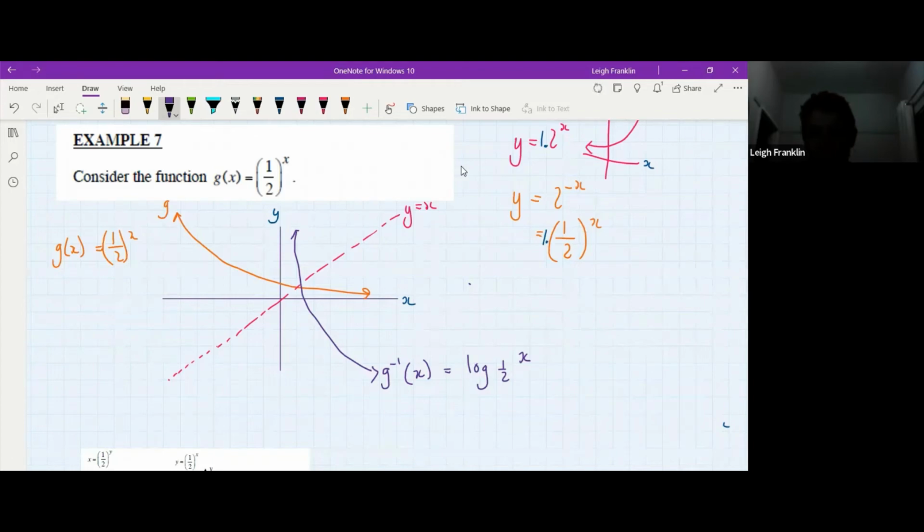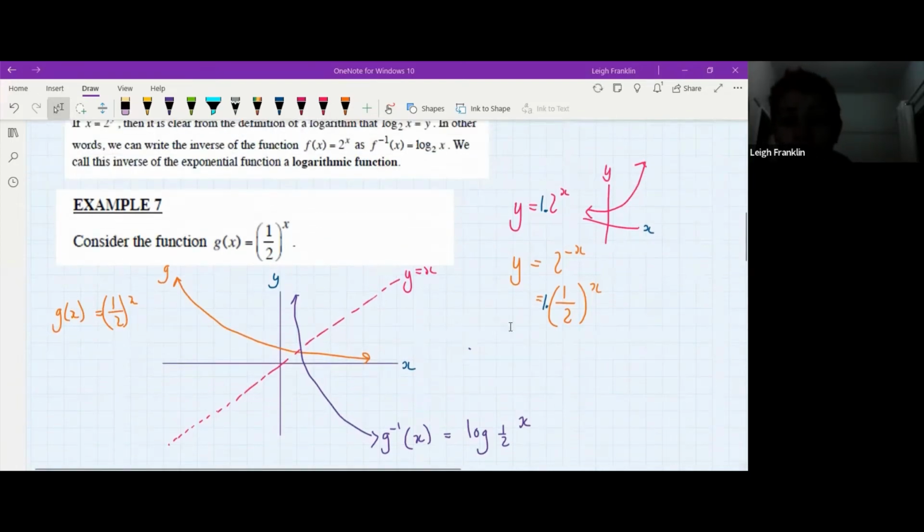It's easy to get confused with all these different reflections that are going on. So remember, a reflection over the x-axis or the y-axis is not an inverse. In this situation, g of x is not the inverse of this pink graph that we were talking about, because it hasn't been reflected over the line y equals x. Is everybody satisfied with that?